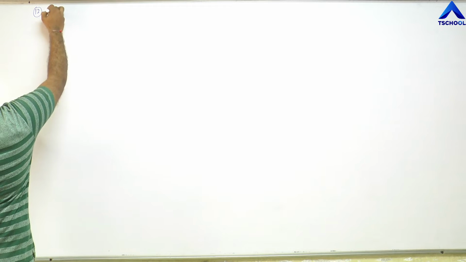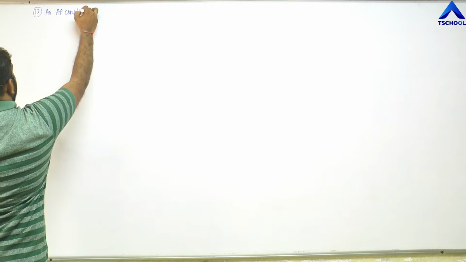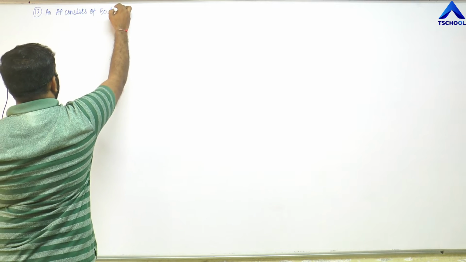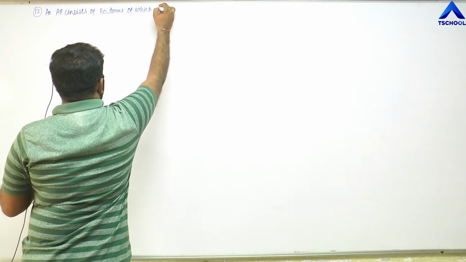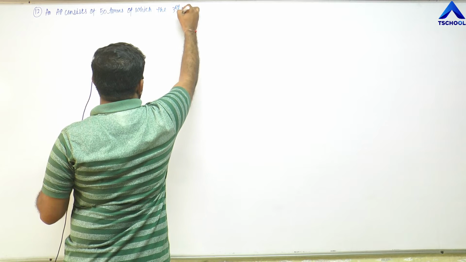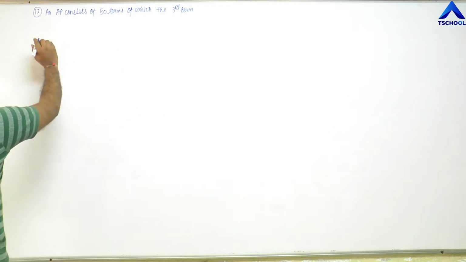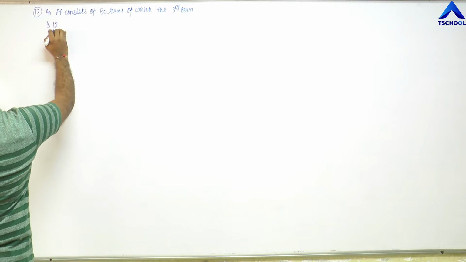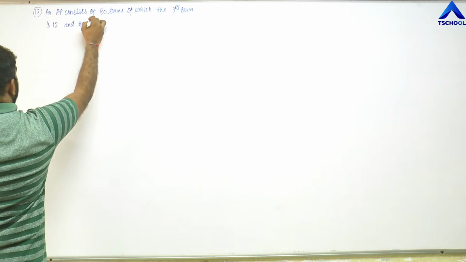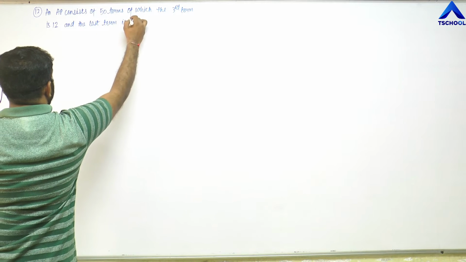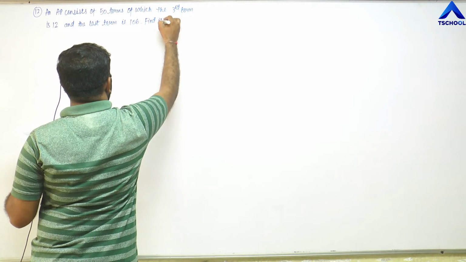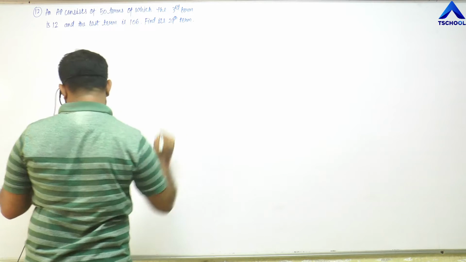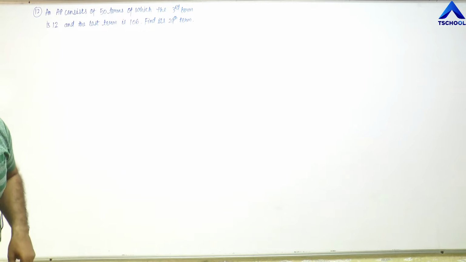An AP consists of 50 terms, of which the third term is 12 and the last term is 106. Find its 29th term, right?